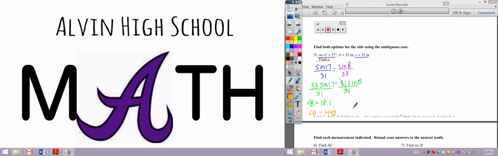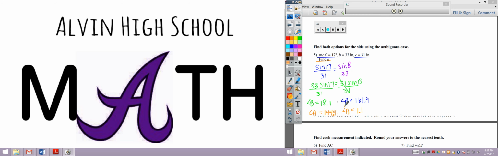So I have to find my other angle B. So subtract the 18.1 from 180, and that makes my other angle B 161.9. So then what's my other angle A? 17 and 161.9 subtracted from 180 only leaves me with 1.1. It's a very teeny tiny angle, but it exists.